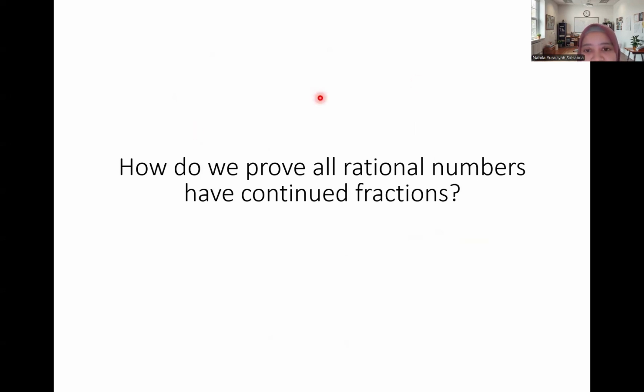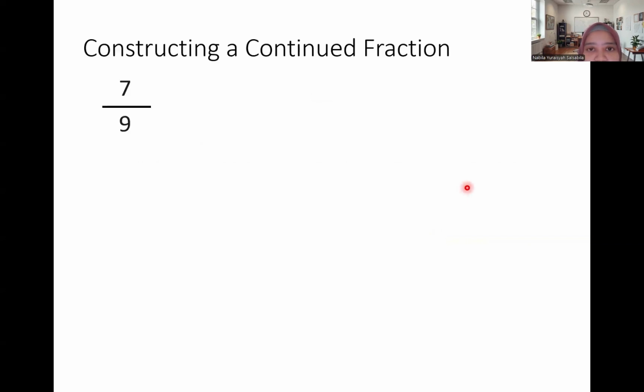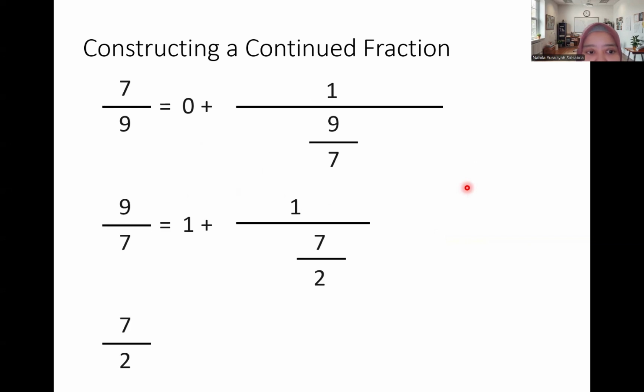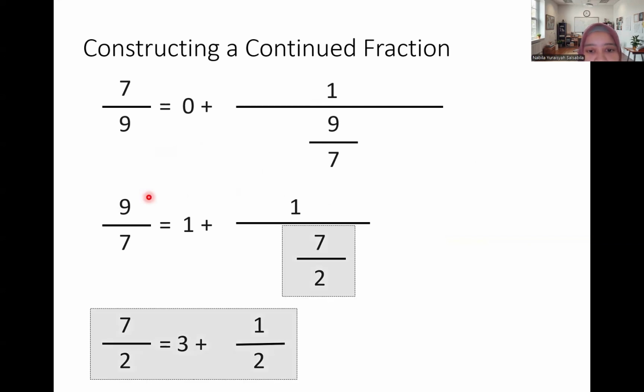So the aim is to prove that all rational numbers have continued fractions. Okay, so let's see. We can just use any random rational number. We can see that any rational number can have a continued fraction.